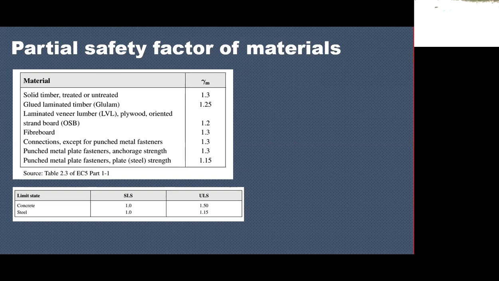So it varies, but if you take steel, the values are consistent. If you take one batch of steel, your yield strength will be 550, and the next batch also 550, because it is produced in a factory environment under the highest quality control. So the variability in the quality of steel is less compared to concrete. That's why the gamma m is 1.5 for concrete and 1.15 for steel.